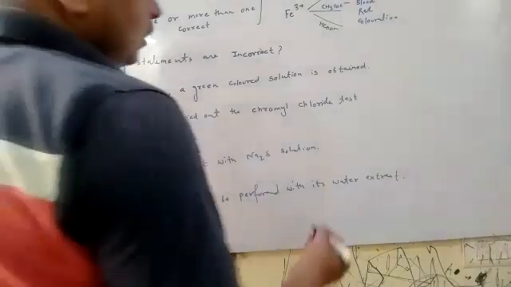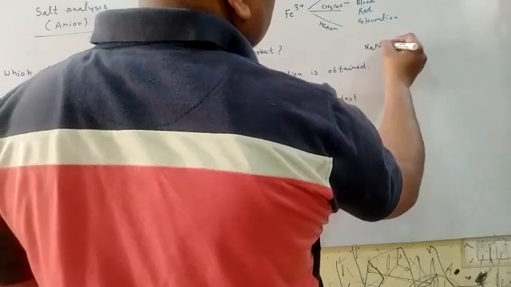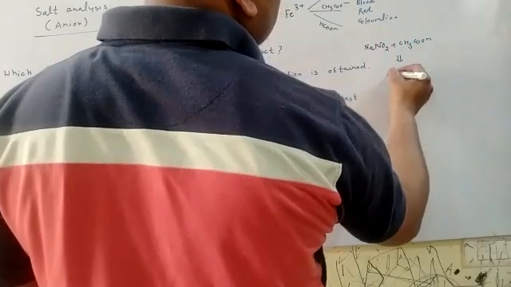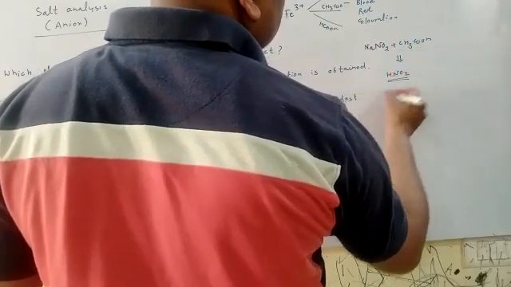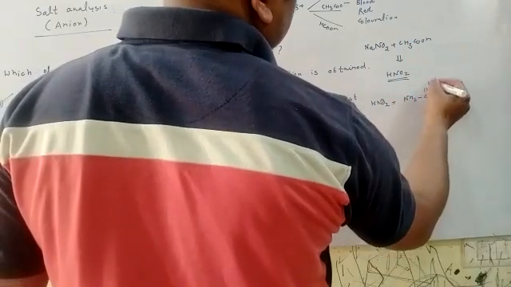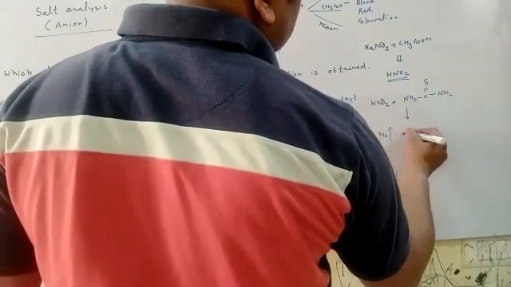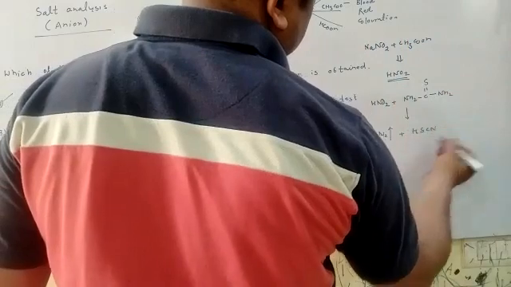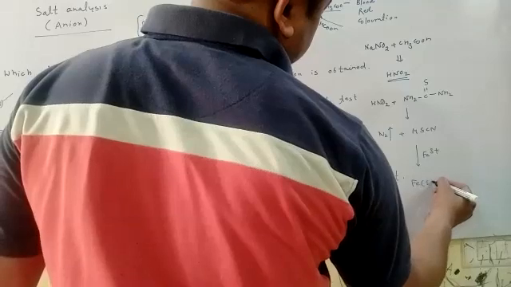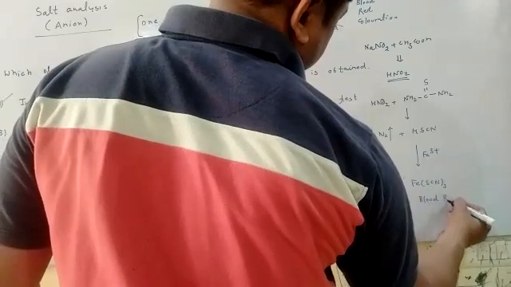So in thiourea test, you can keep in mind that NaNO2 plus acetic acid will produce HNO2, and this HNO2 on reaction with thiourea NH2CSNH2 will produce N2 gas along with HSCN, and on addition of Fe3+, it will give Fe(SCN)3, and this is blood red coloration.